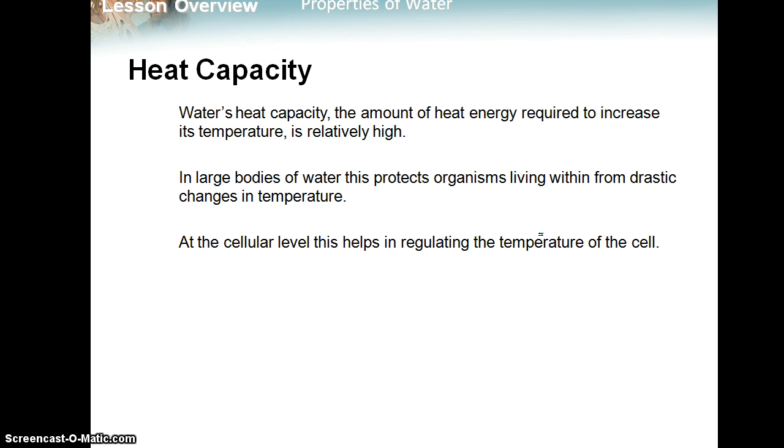In animals, heat capacity helps regulate the temperature of our cells. Our cells go through different processes that create heat, and the water will absorb that heat, and then the water will be let out of the cell to get rid of some of that heat, and that's why we sweat. Our cells are getting rid of some of that water that has the heat trapped in it.